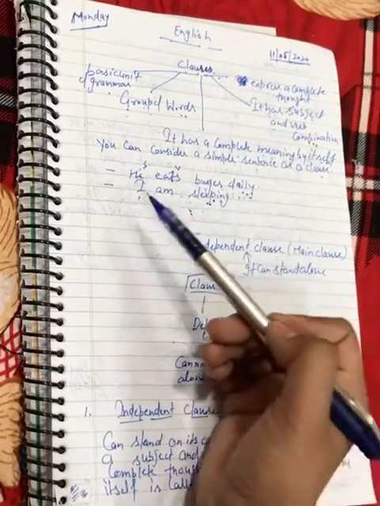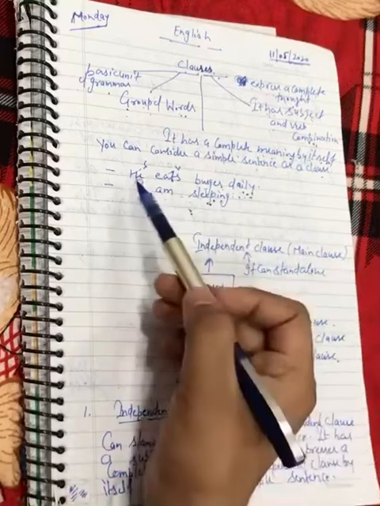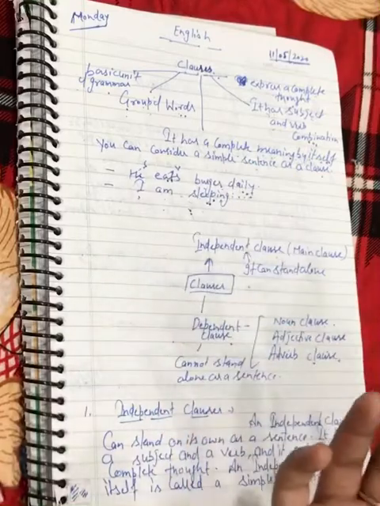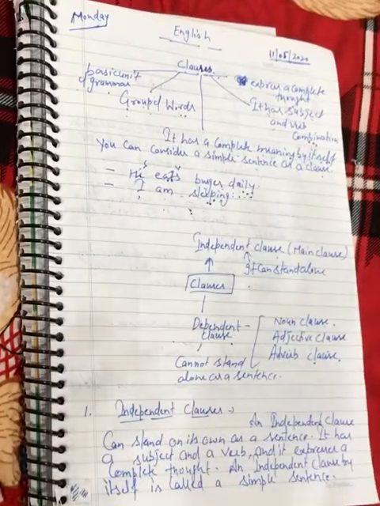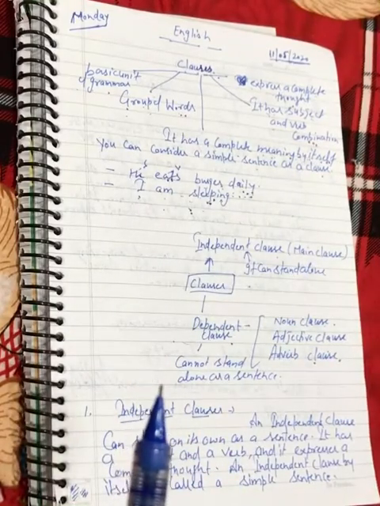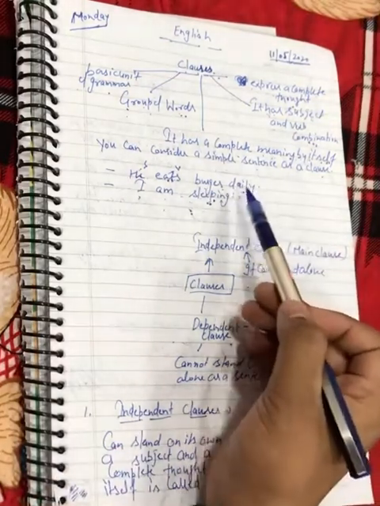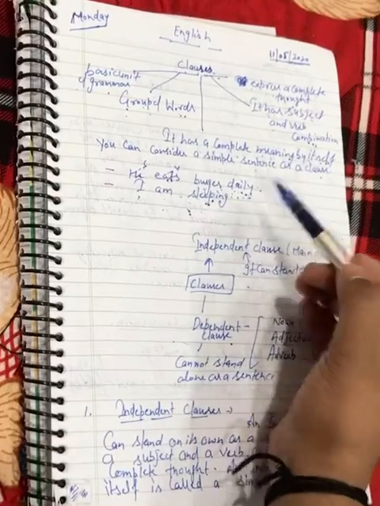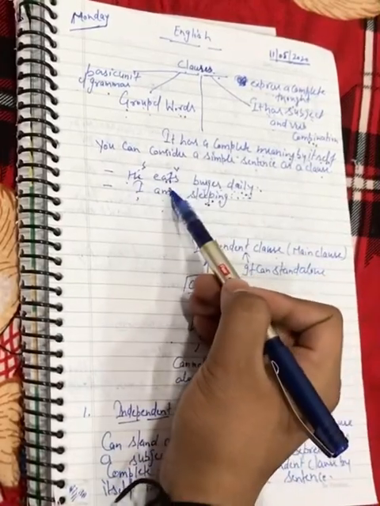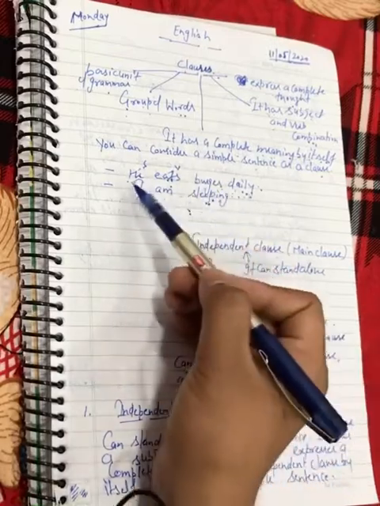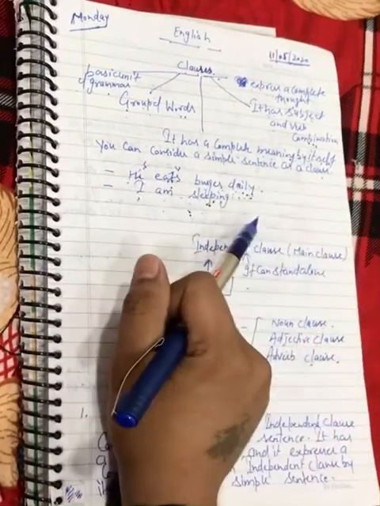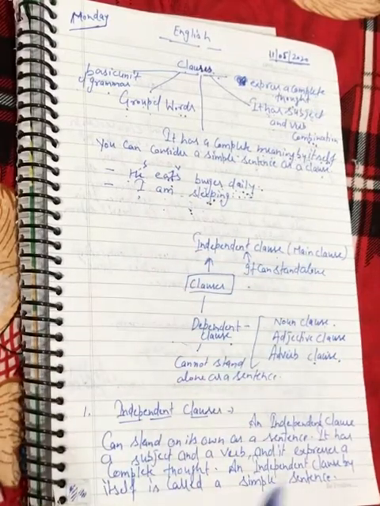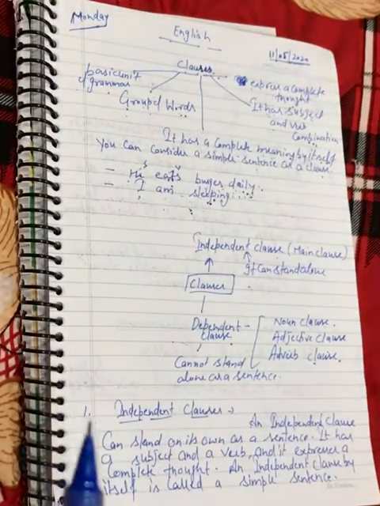We also have a subject and a verb. And this sentence makes complete sense. So this sentence is a clause, because it has a subject and verb, it is a group of words, and it has a complete meaning. Understand?